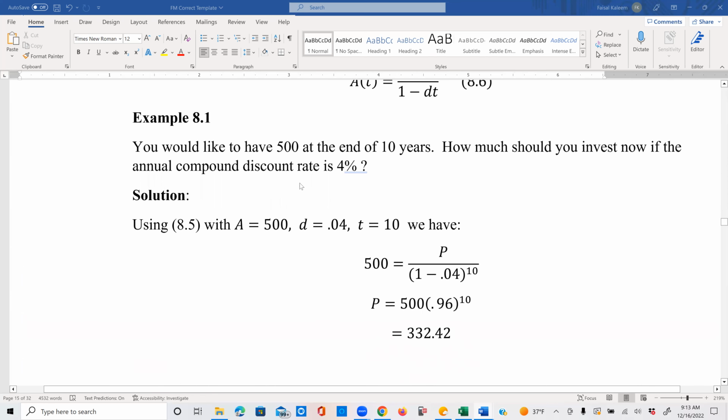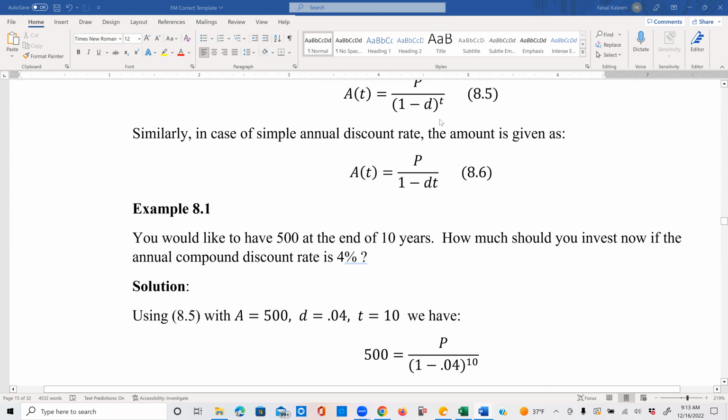Now, let's look at this example. You would like to have 500 at the end of 10 years. How much should you invest now if the annual compound discount rate is 4%? So let's use 8.5, it's the annual compound discount rate that's given to us. So we have to find P. A is given to be 500.